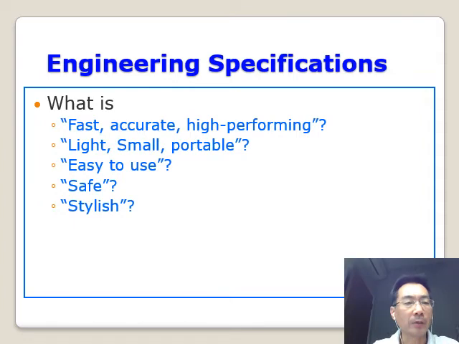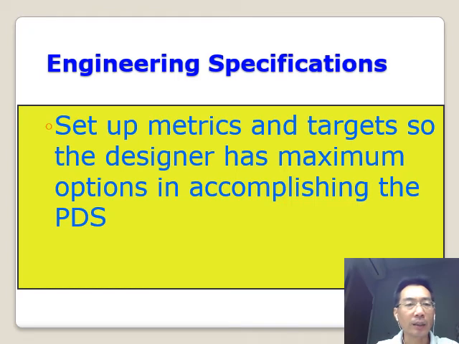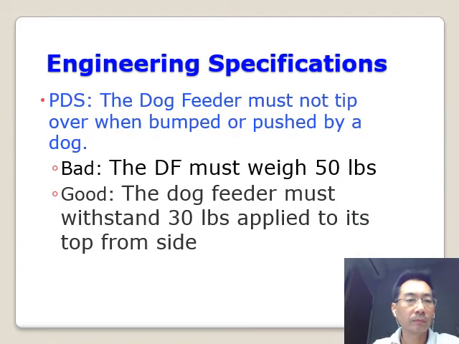When a customer says it's light enough, small enough, portable, easy to use, safe and stylish, how can you describe this in a measurable way? The best way is to set up metrics and targets, so designers have maximum options in accomplishing the PDS. That should be measurable.